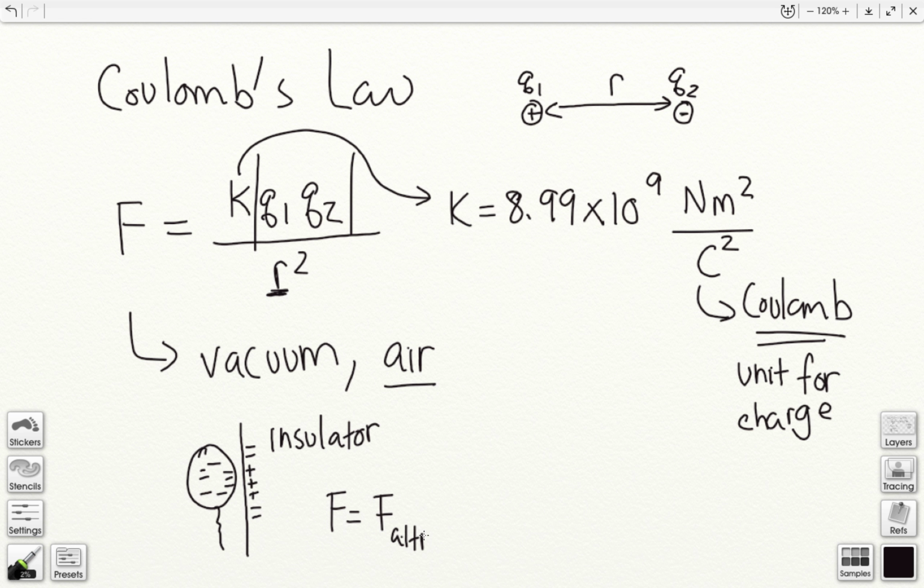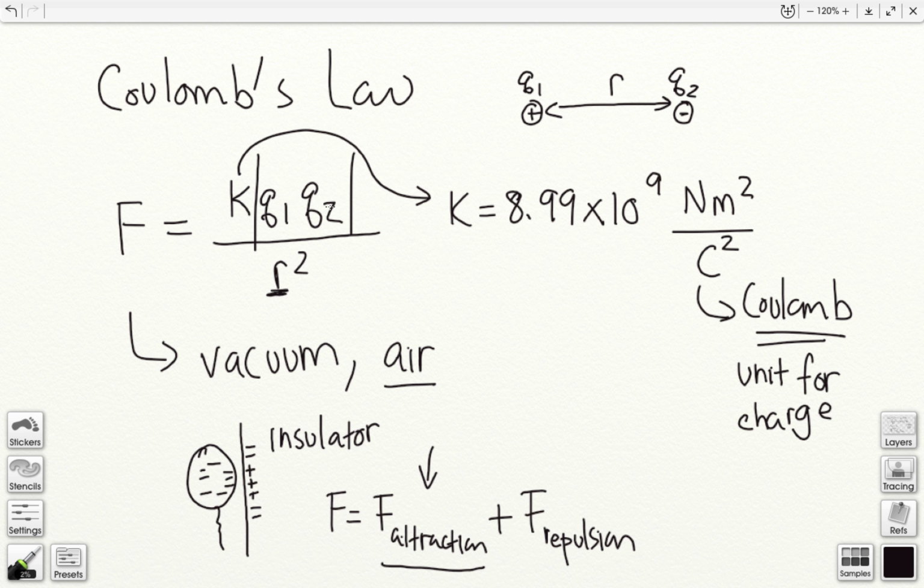There's an attraction force, and there's also a repulsion force here with these negative particles. But because the positive particles are closer to the negative particles, the attraction force will be greater than the repulsion force, and that is why the balloon sticks to the wall.